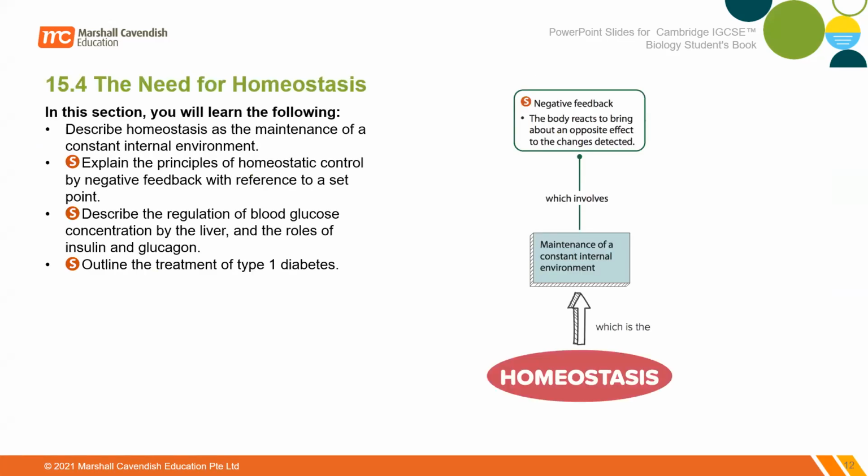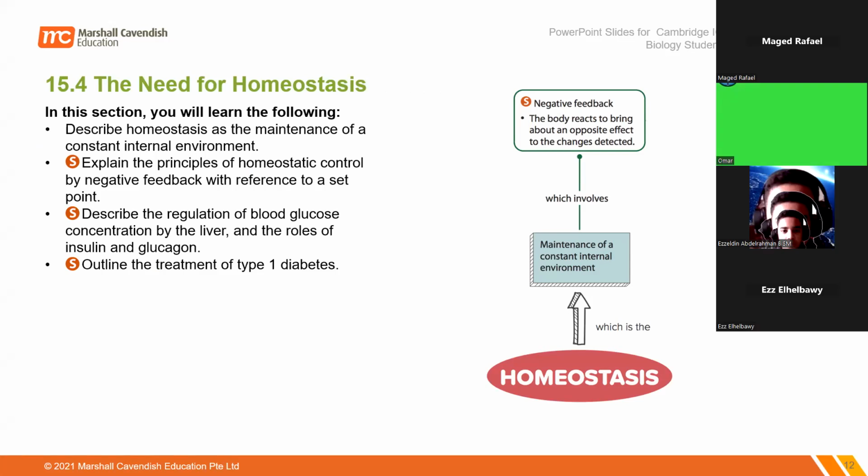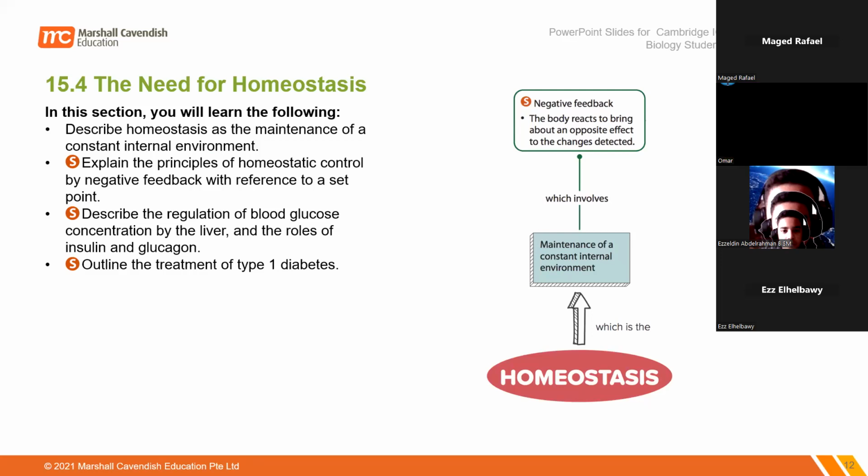Of homeostasis. This part of homeostasis is important because in this section we have to understand the idea of regulation of blood glucose concentration by the liver and by the pancreas.